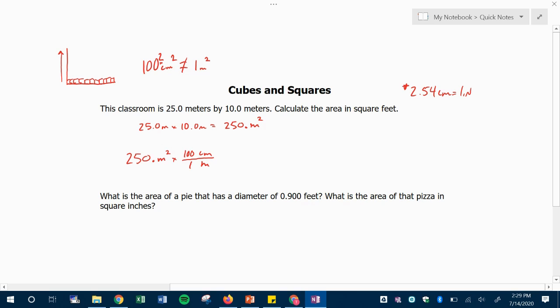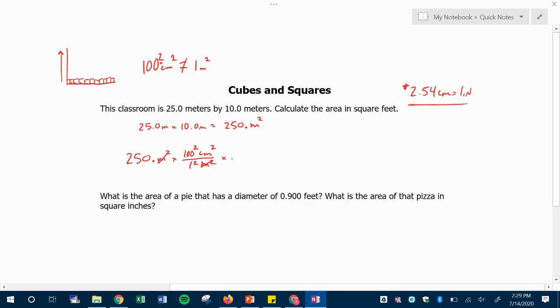And now this is where the squared part comes in. We actually square everything. Really, the only number it affects is the 100, because 100 is now squared. The 1 is being squared too, but that doesn't do anything because 1 squared is still 1. All right, so that gets us from meters squared to centimeters squared. Now we can use our conversion factor to go to inches.